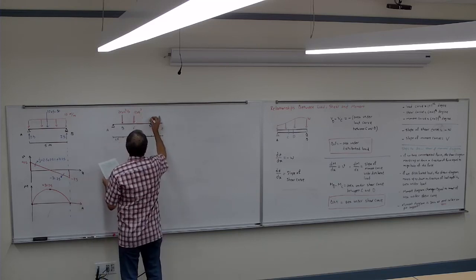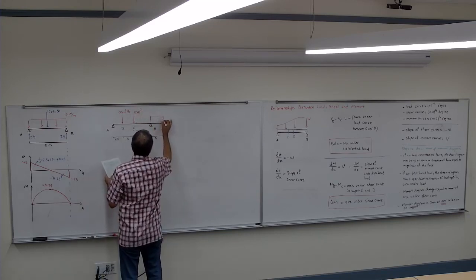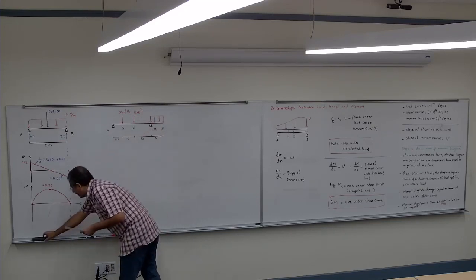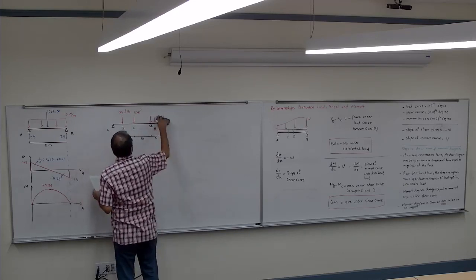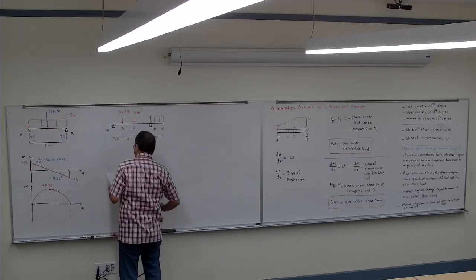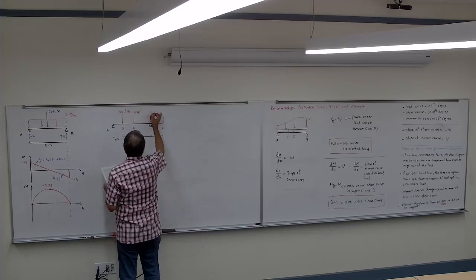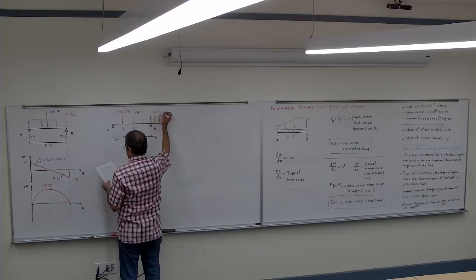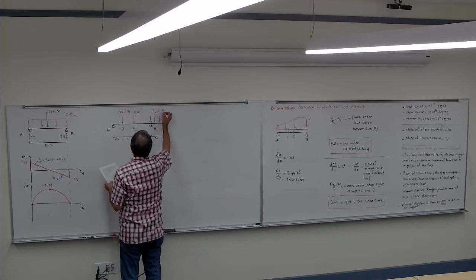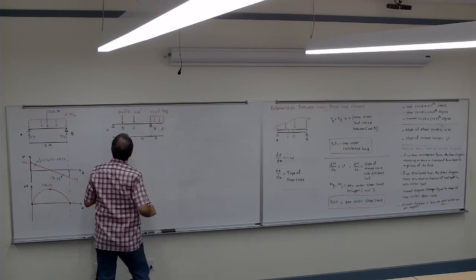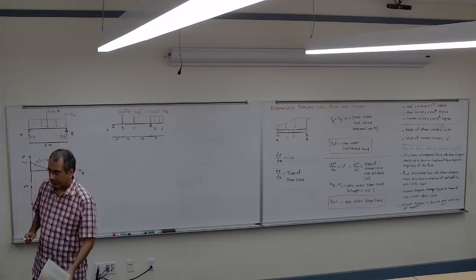And here we have a distributed load of 1,500 pounds per foot. So I want to draw the shear and moment diagram for it.